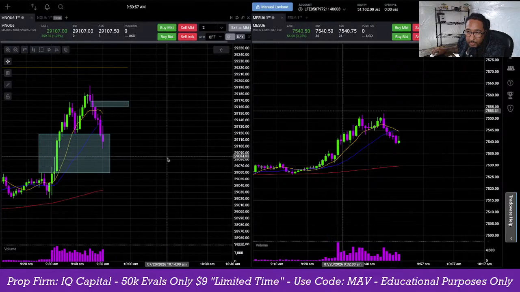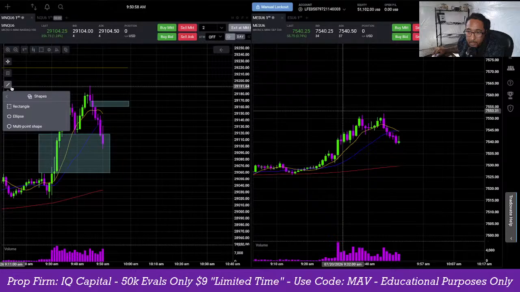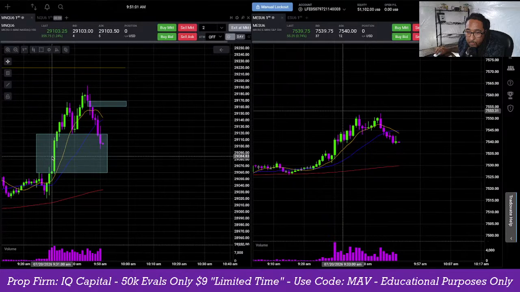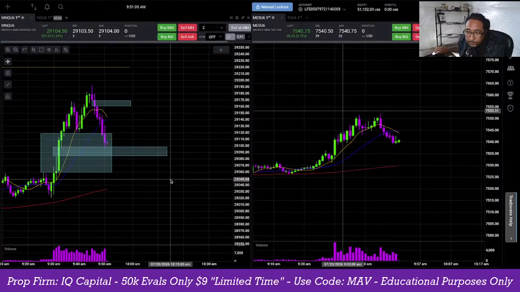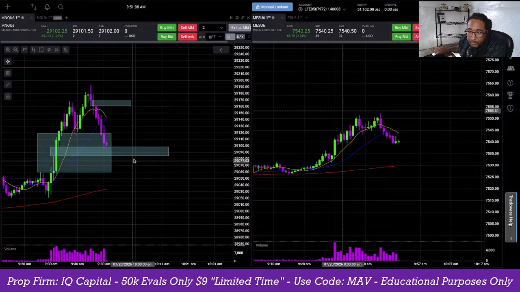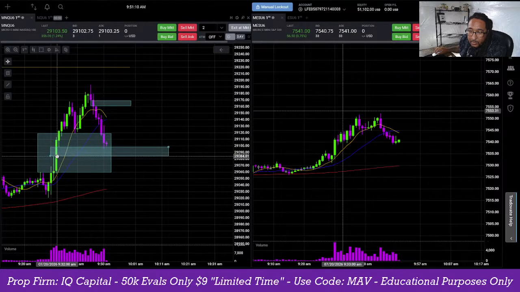This is our 5-minute. We do have a 1 minute here. We do have a 1 minute here that was created while price was going to the upside. So between the top of this wick and the lower of this wick created a gap.